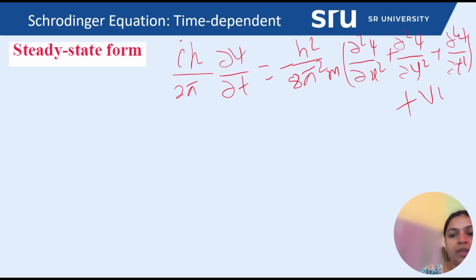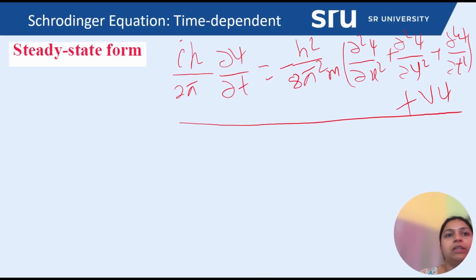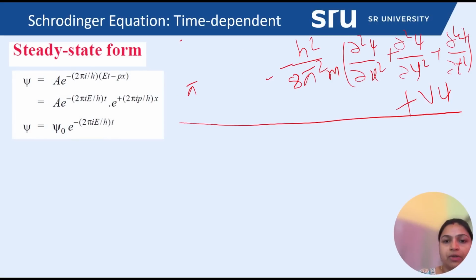So this is the three-dimensional time dependent form of the Schrödinger equation. Now we will look at the Schrödinger equation for the steady state.